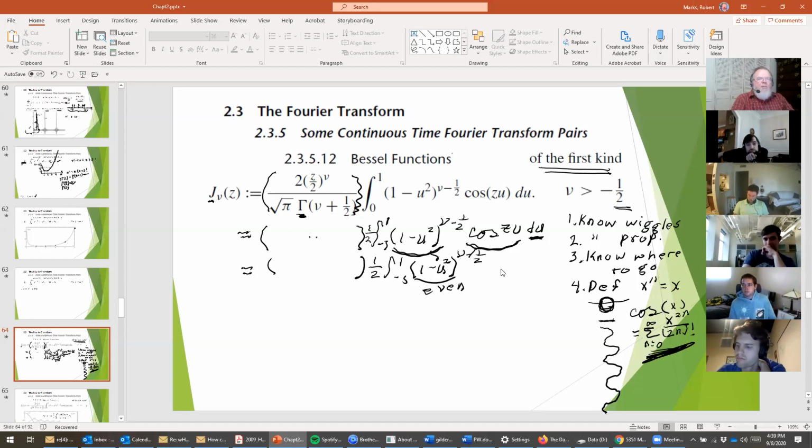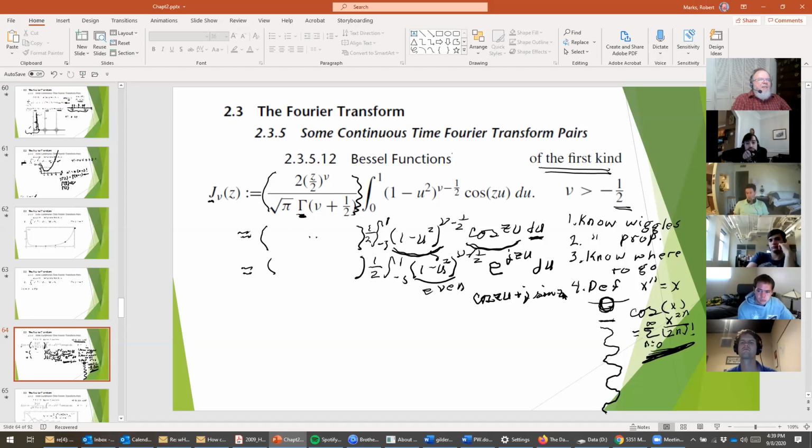And I'm going to do something, and I'm going to explain why in a second. I'm going to replace the second one by e to the j zu. Can anybody tell me why I can replace the cosine by the e to the j zu? The real part of e to the j zu is equal to cosine of zu. Because when you multiply that even times the odd sine and you integrate it like that, it's going to go to 0 anyways. You're exactly right.